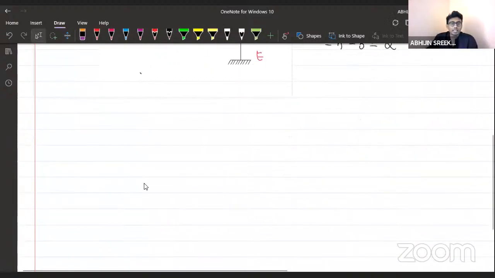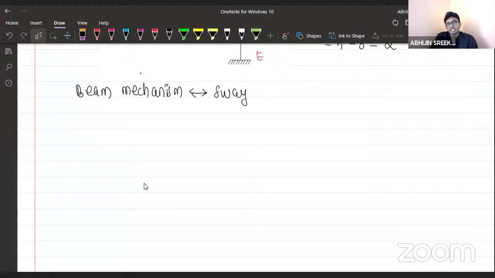The first one is the beam mechanism, and the next one, in the case of frames, is the sway mechanism. These are the two independent mechanisms.